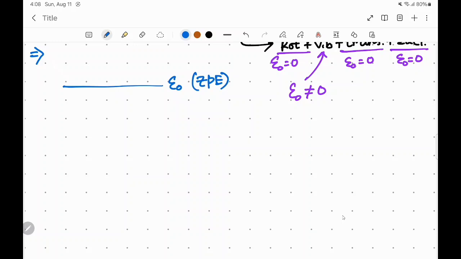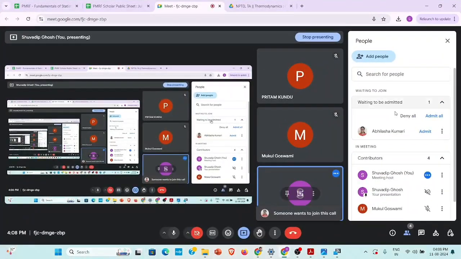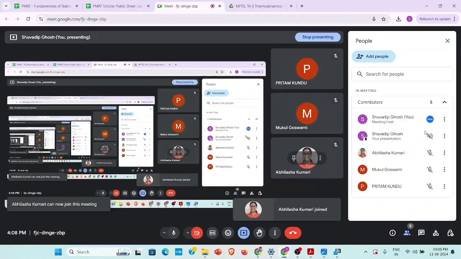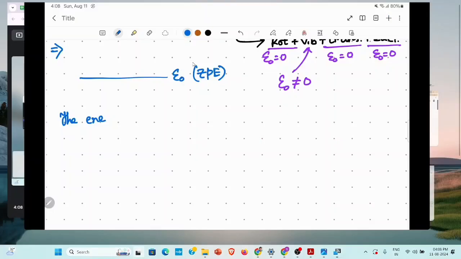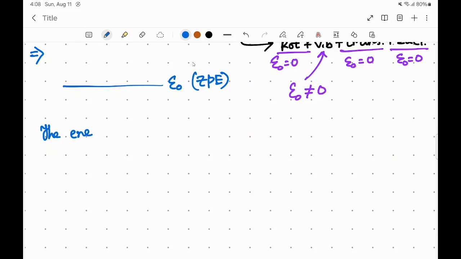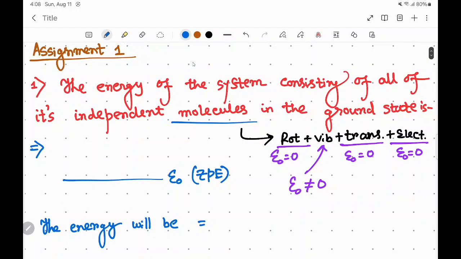But the general formula should be different. In that case, the energy should be, how many molecules?